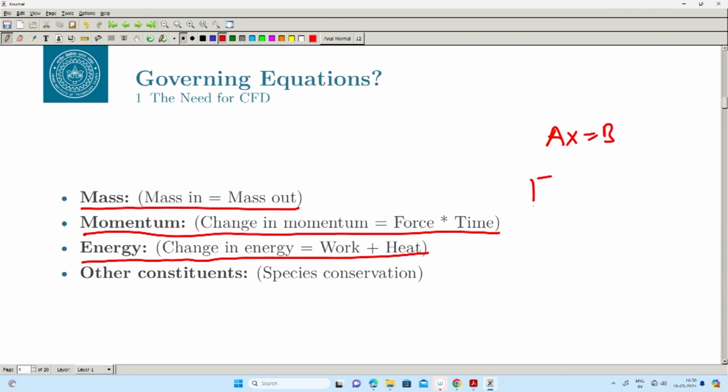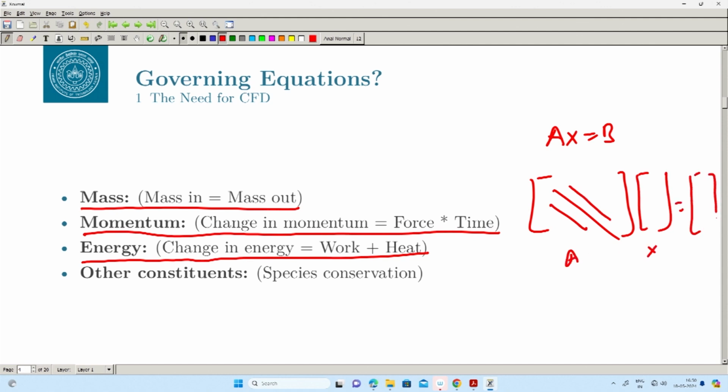So, let us say you are solving A x equal to B, and A is not a purely diagonal matrix, you have elements here also, and here also. If you want to find x, so this is my A, this is x, and then you have something called B, right. So, to find the solution, you have to invert this matrix A, right.